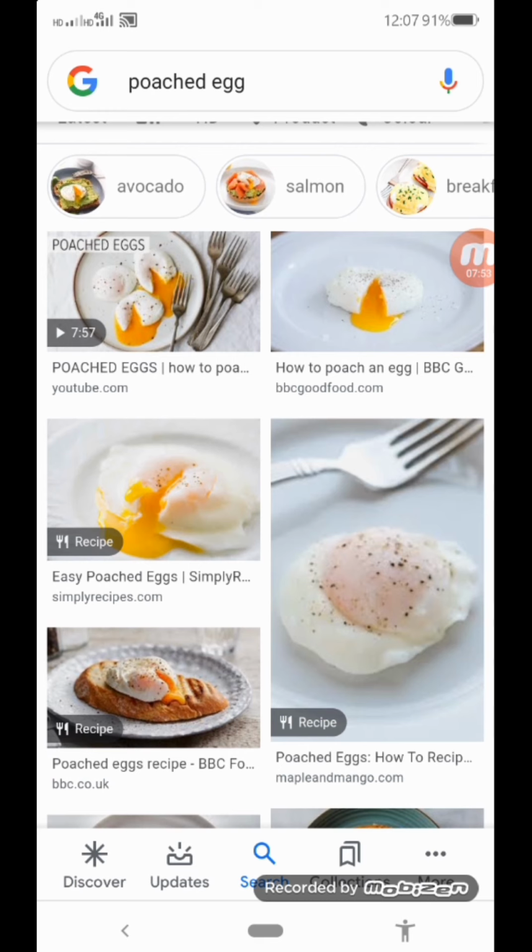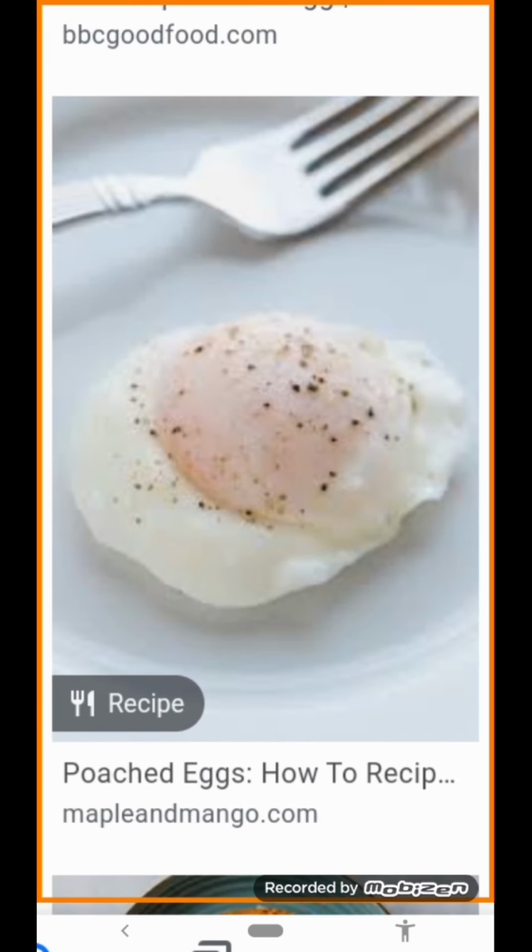This is what a poached egg looks like. You see, there's nothing which shows any symptom of whether it has been fried or not. This has been cooked in water, so obviously there is no fried mark on it. On the top there is a thin layer of the albumin that covers it, which is why it looks slightly opaque, translucent.